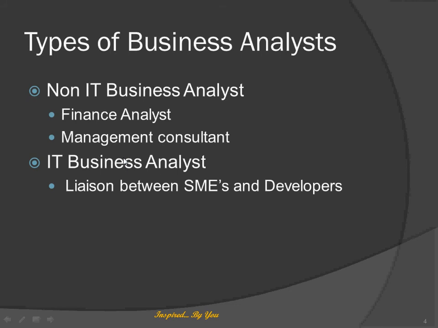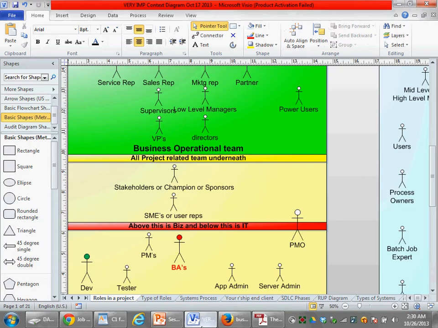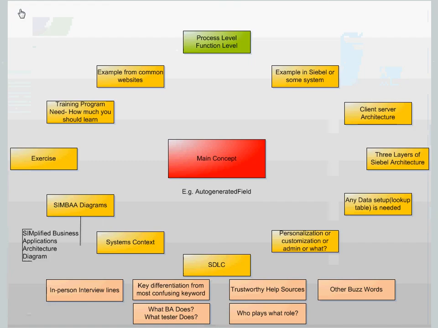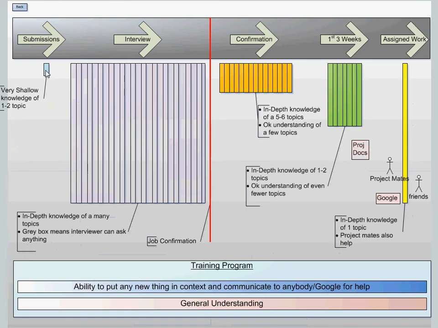So when you're looking for a position, remember this very important context of yours. When you're doing submissions, you need to make sure you only target those positions which are about IT business analysis.